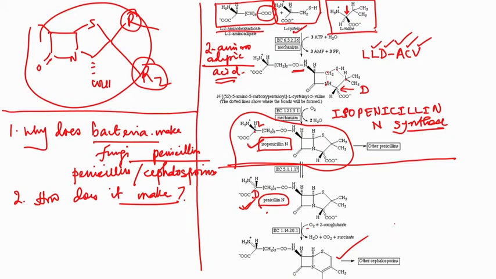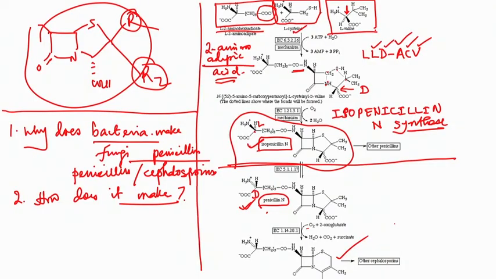So, that means penicillin and cephalosporins are two sisters or brothers, whatever you say, and they belong to the same class and they start from the same molecule. So, that is the tripeptide which is formed from 3 amino acids. Only interesting is that L-valine gets isomerized to D-valine.